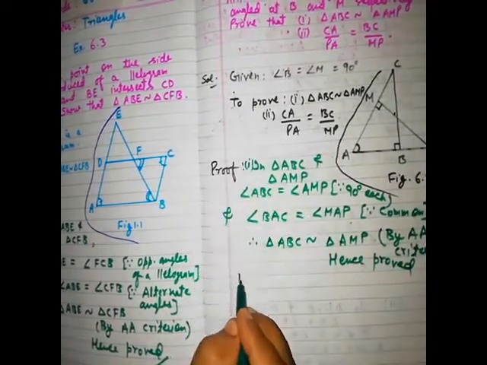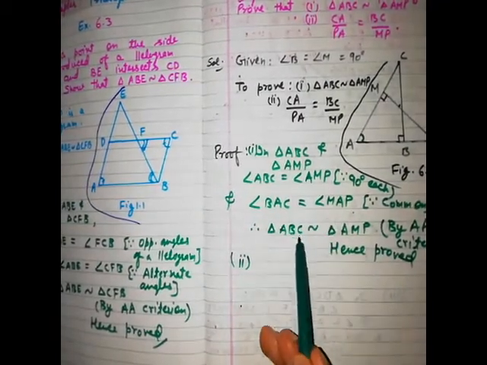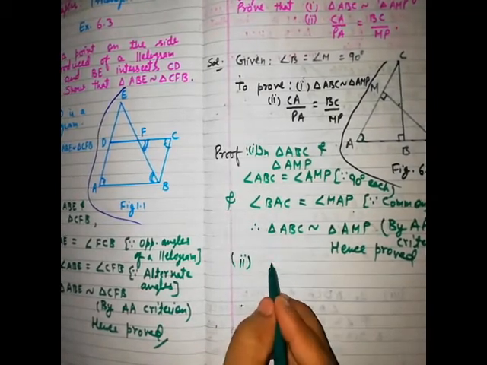Therefore part second will be proved automatically because CA and PA are corresponding sides.